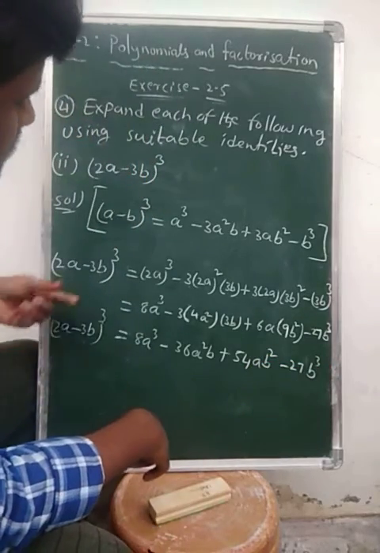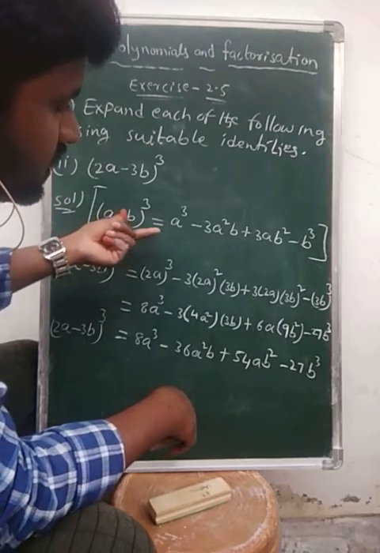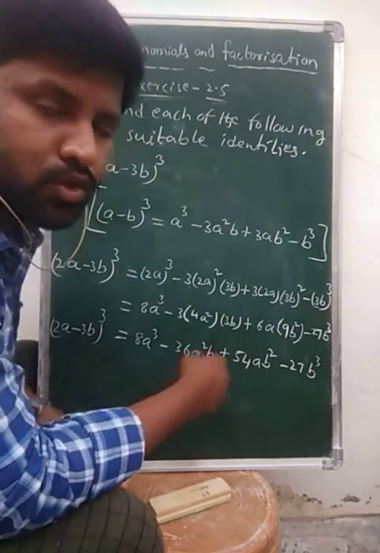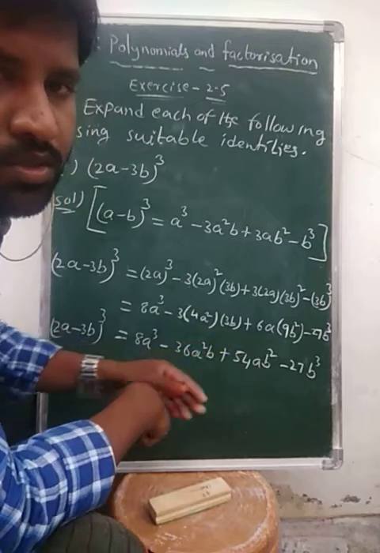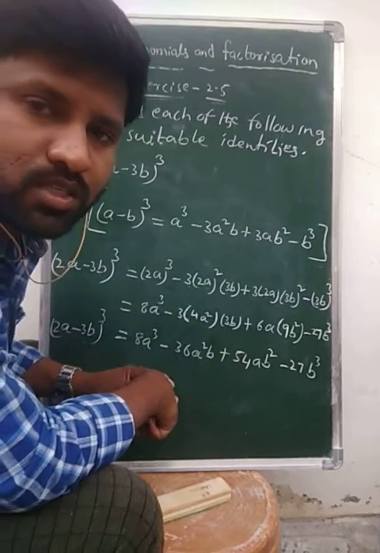So by using this (a minus b) whole cube identity you can expand like this. You practice the remaining problems by using the suitable identities. Okay students, thank you.